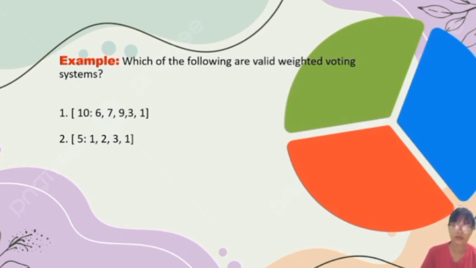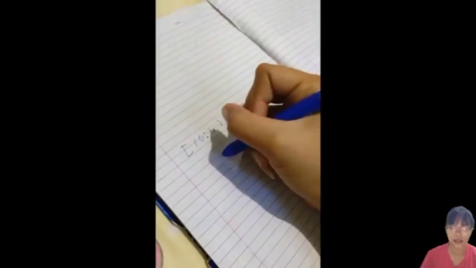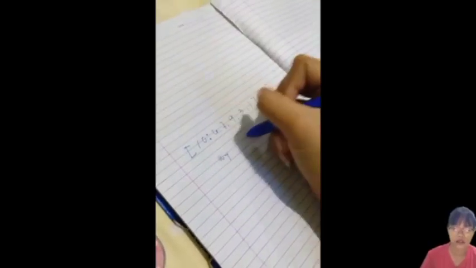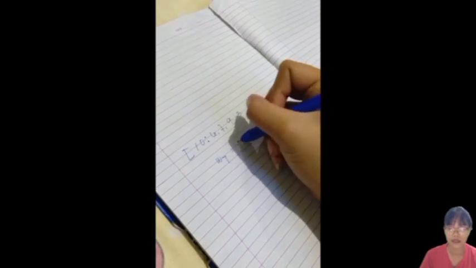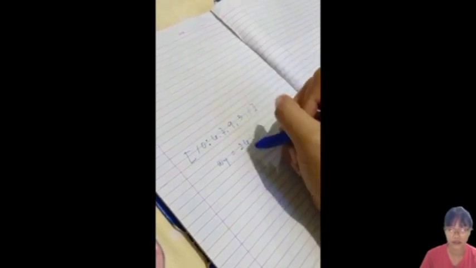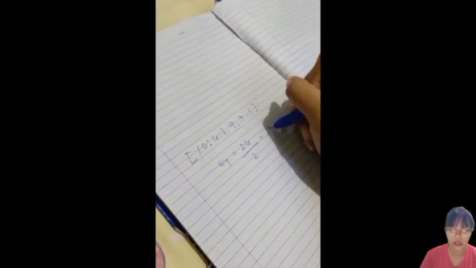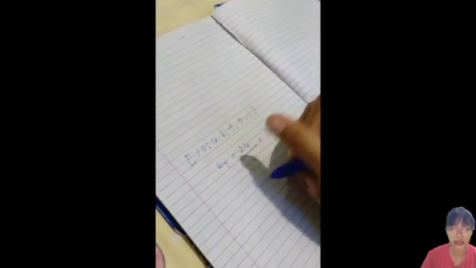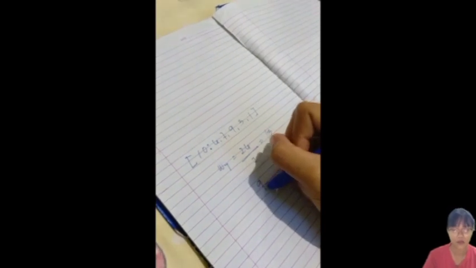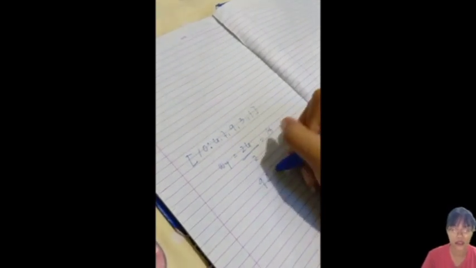So, para makuha ang mga sum, i-add lang natin ang mga ito. 6 plus 7 plus 9 plus 3 and plus 1 is equals to 26. So, ang total weights natin ay 26. Half of it is 13.